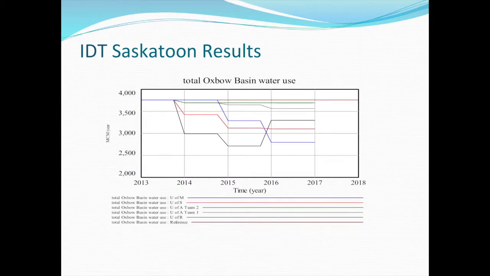So this is the real result from the IDT Saskatoon. You can see 5 teams. They choose different policies here and got totally different basin water use. And what really surprised us is you can see the difference between the team results is so clear. You can simply tell the difference between those teams' results.